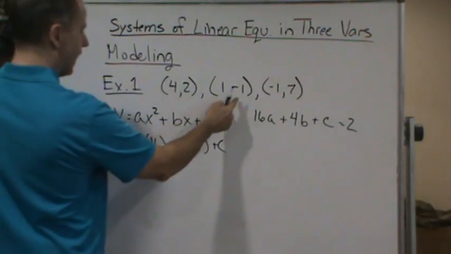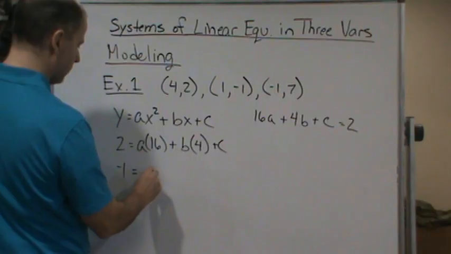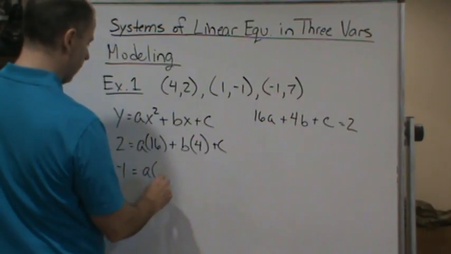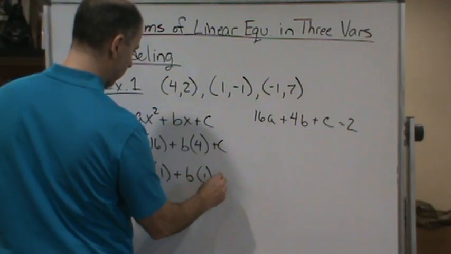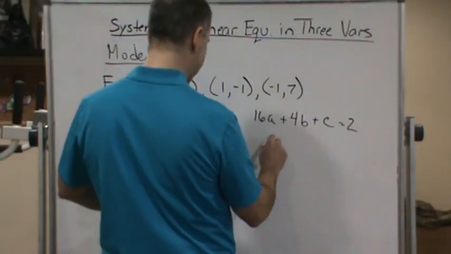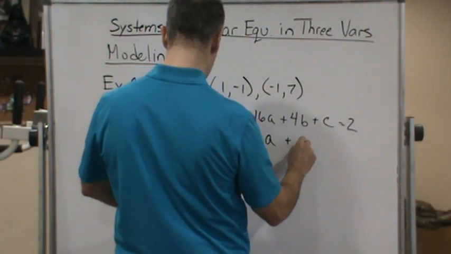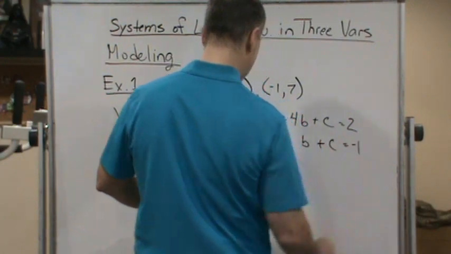Now if I put in the second point, I'll get another equation. That's going to give me -1 equals a times 1 squared, which is 1, plus b times 1 plus c. And so that's going to give me a plus b plus c is equal to -1.